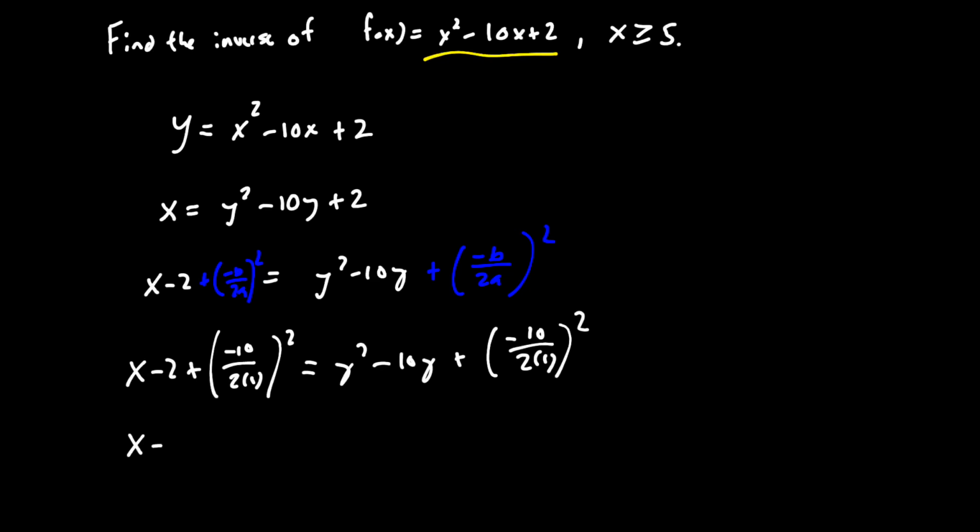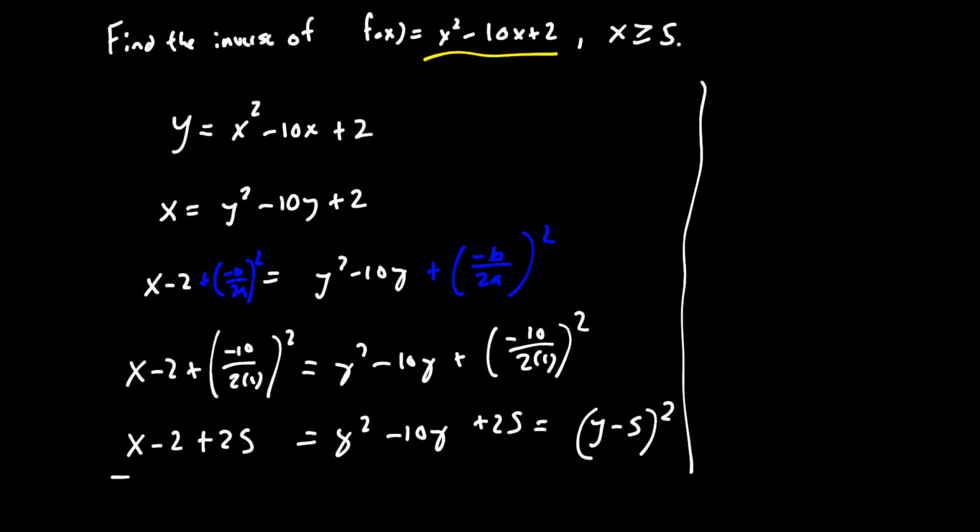So this simplifies to being x minus 2 plus 25. This is equal to y squared minus 10y plus 25. And the right-hand side is going to factor to be y minus 5 squared. So let's rewrite this last equation here.